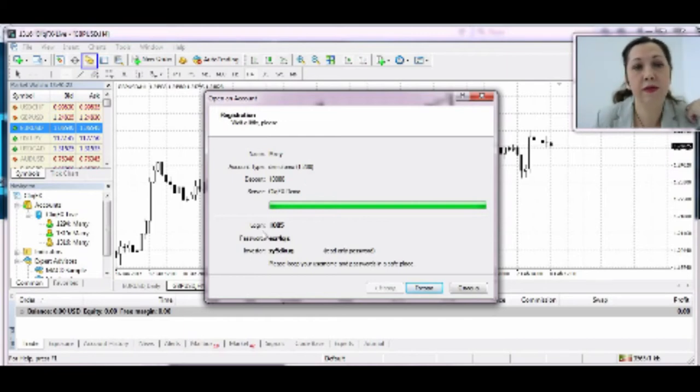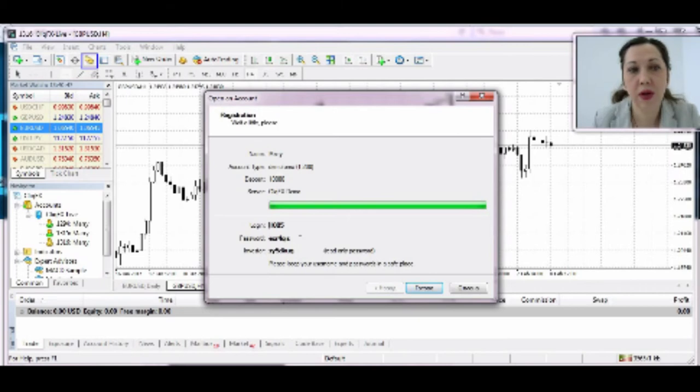So first of all, we have login. Login is your name. So this is the nickname that you use to come into the system. Password, you're also going to need this. So if you open the demo account for the first time and you don't want to open it every time that you enter the system, please save this information somewhere.